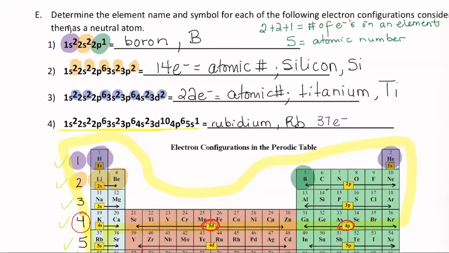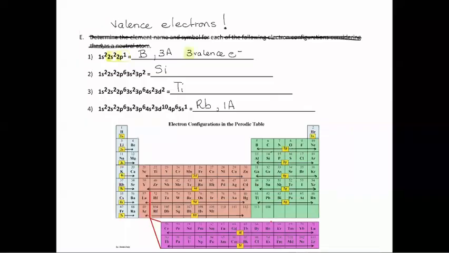Let me do drawings for those students that are more visual learners. If I have boron, and I use the analogy that the electrons in boron live on 2 floors. The first floor is the 1s floor. The second floor in this building has a corner called 2s and a corner called 2p.